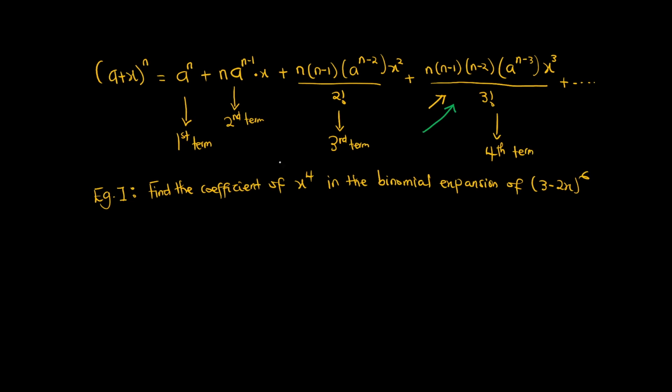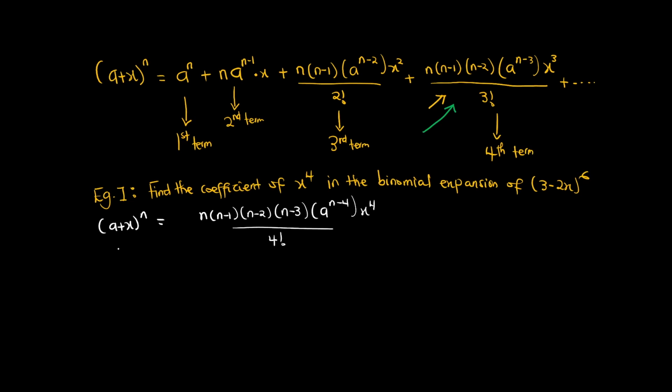Okay, so in this particular example, remember that when we are using the term a plus x raised to the power n, then the coefficient of the x raised to the power 4 term, or the expansion, will be n into bracket n minus 1, n minus 2, n minus 3, a raised to the power n minus 4, x to the power 4, all over 4 factorial.